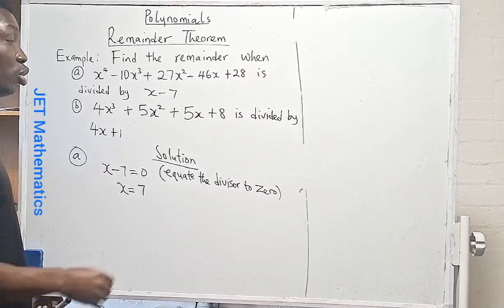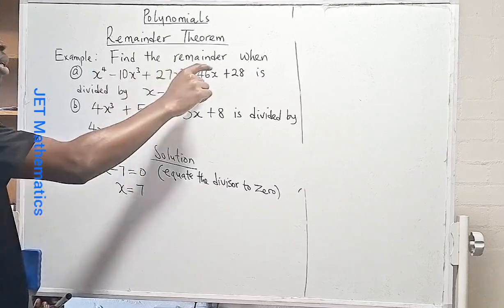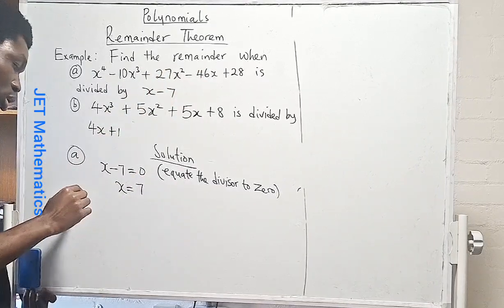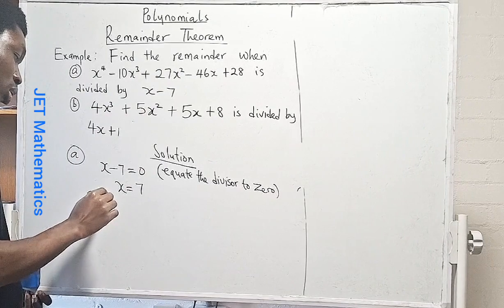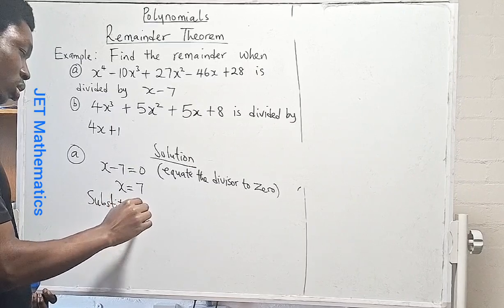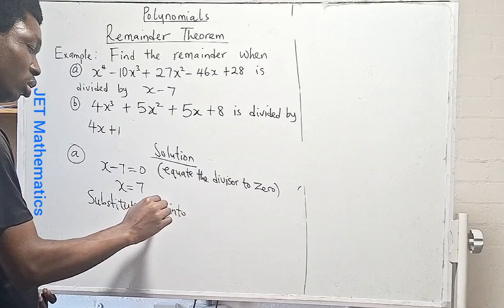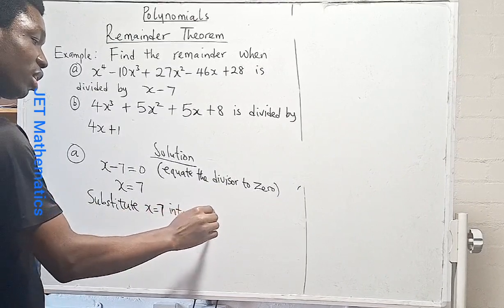Then the next thing, you substitute x equals 7 into the dividend.